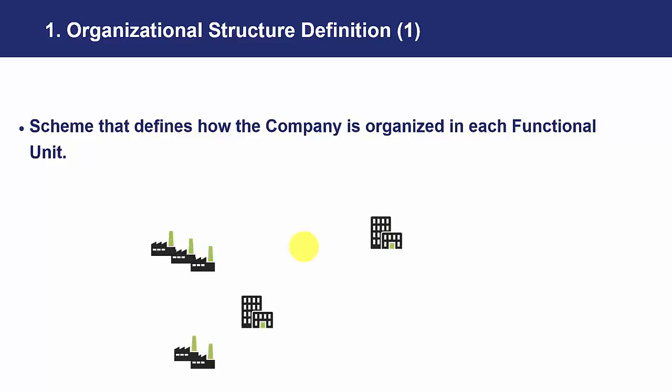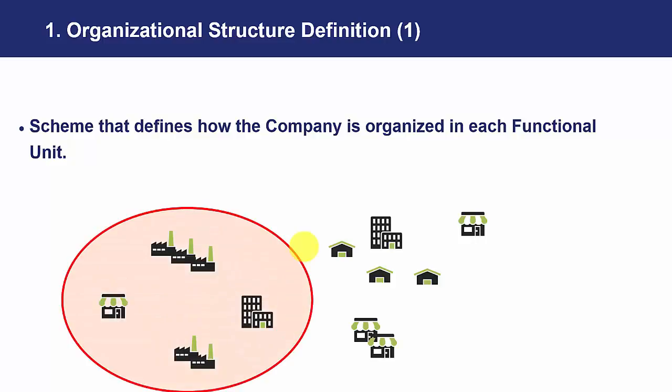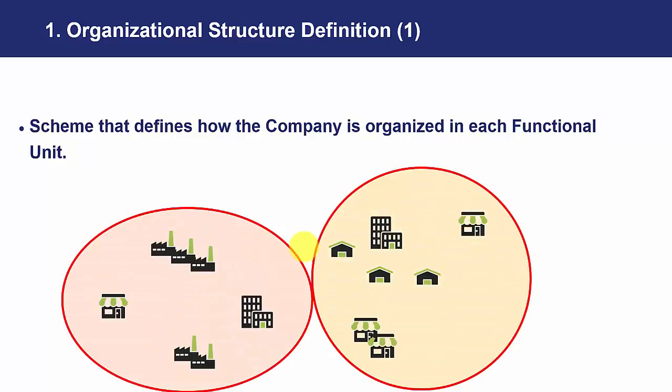For instance, we can have different offices, different plants or factories, different warehouses or different distribution centers. And we can define that some of them belong to a structure, some to another, and maybe all of them to the same group or whatever.